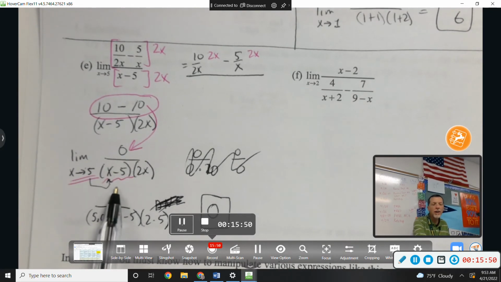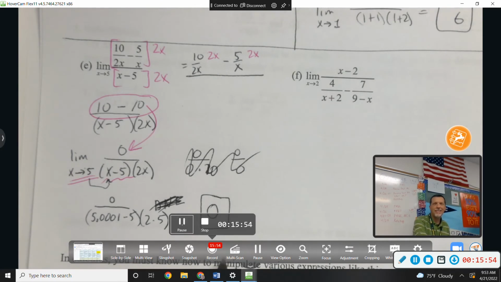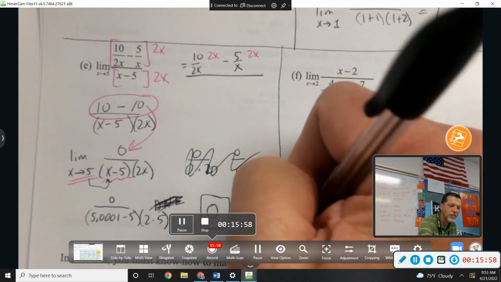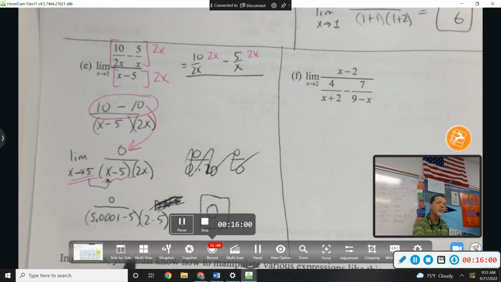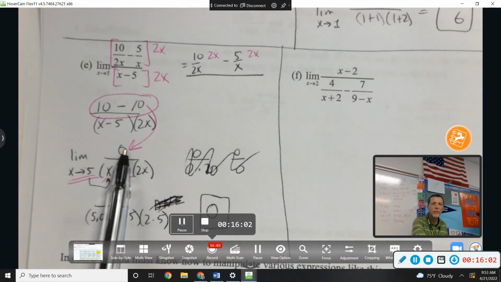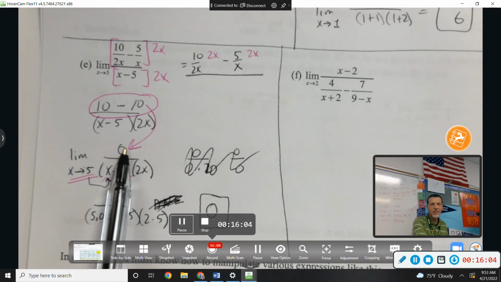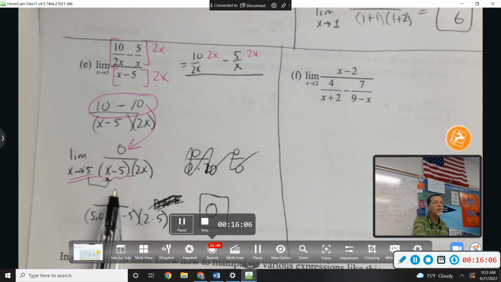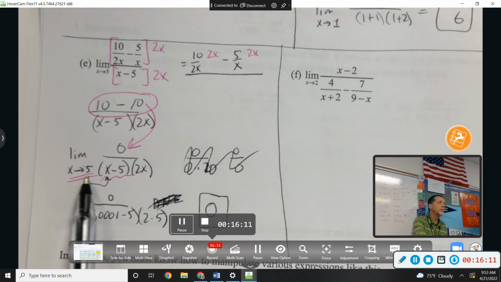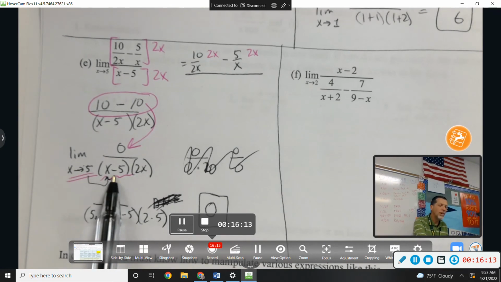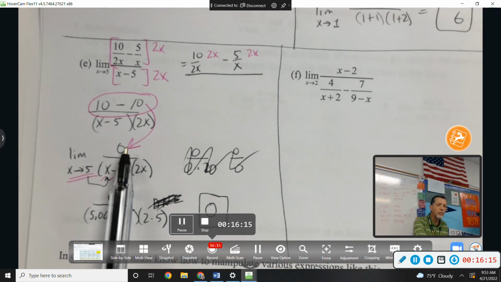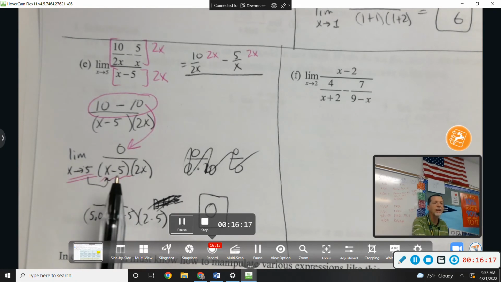The bottom is almost 0. Yeah, this is where people don't like limits, because what do you mean almost 0 versus 0? Do you see the difference? The top is definitely 0, 10 minus 10, that's 0. The bottom is, if I plug in something close to 5, I'm going to get something close to 0. But there's a difference between actual 0 and close to 0.